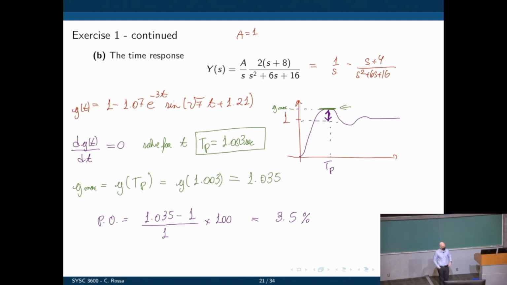Okay, so this is I would say the long way, the hard way. What we did before in the lecture part when we were going through the theory was to use this to determine that equation, 100 exponential of, for the percent overshoot. It comes from this. Now you don't need to use this every time because you have to take the inverse Laplace, take the derivative, equate that to 0, and solve.